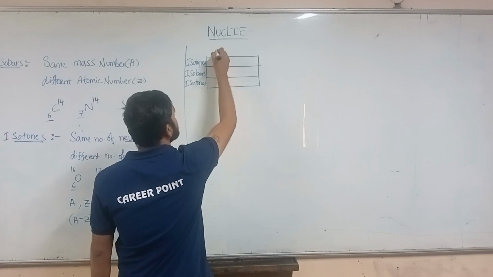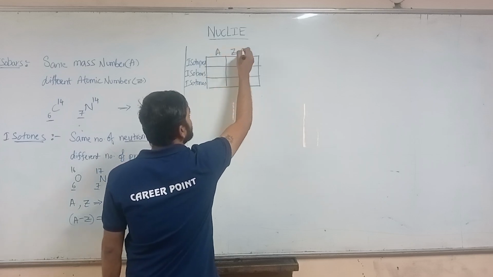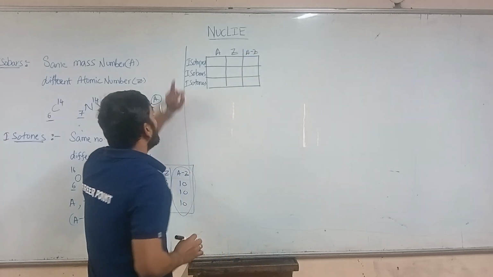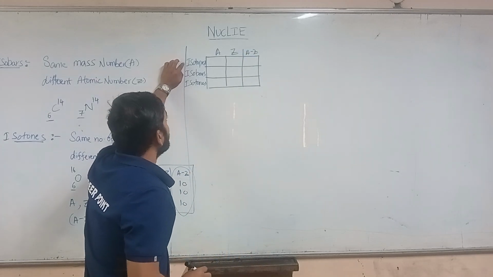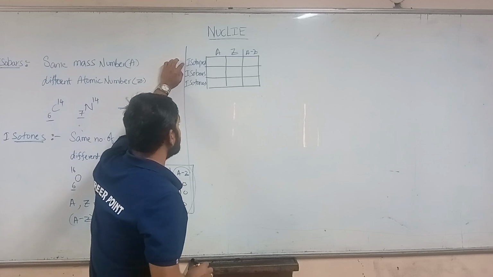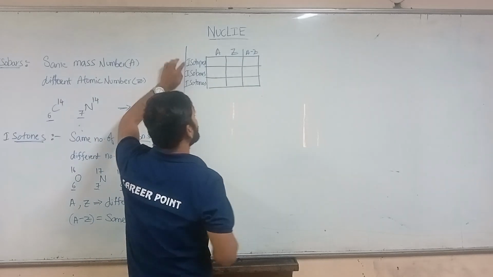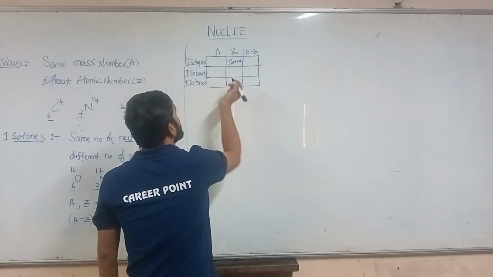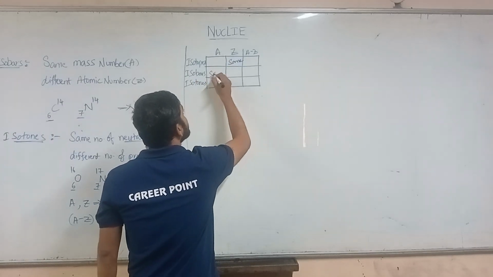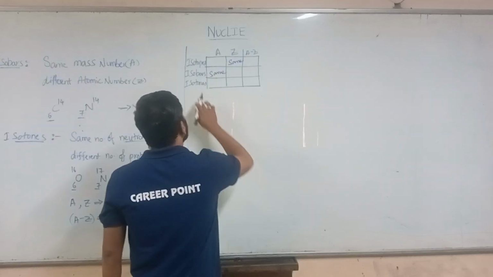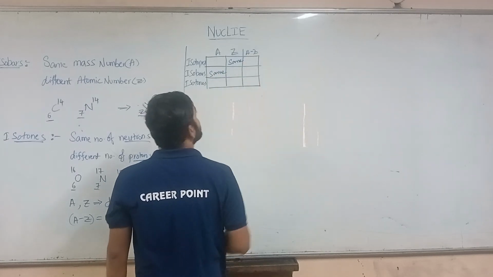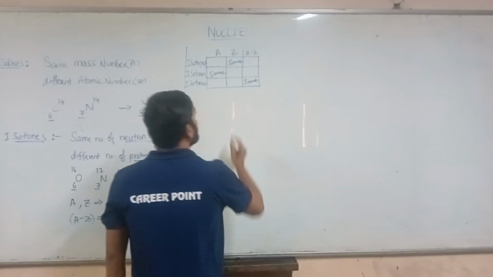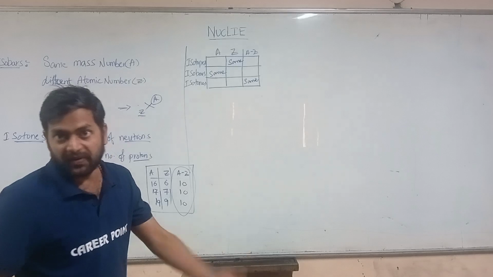Let us take A, Z, A minus Z. In isotopes, the Z value is the same, right? In isobars, the A value is the same, right? In isotones, A minus Z is the same. So the remaining ones are all different.